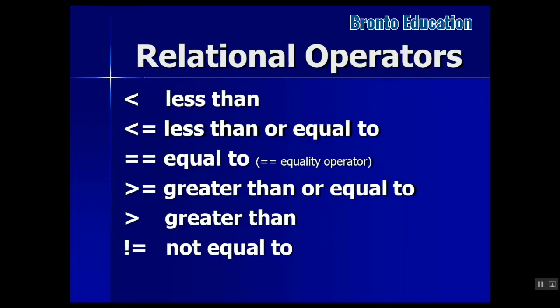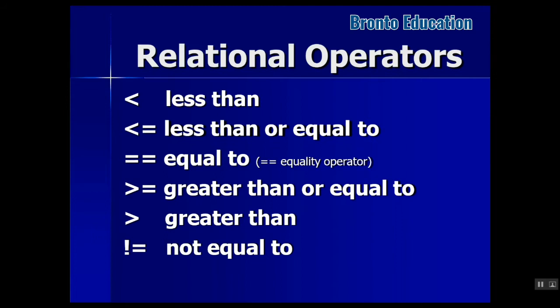These are the relational operators. First, less than, when you want to check if A is less than B, if age 1 is less than age B, or if score is less than 50, so he's failed.